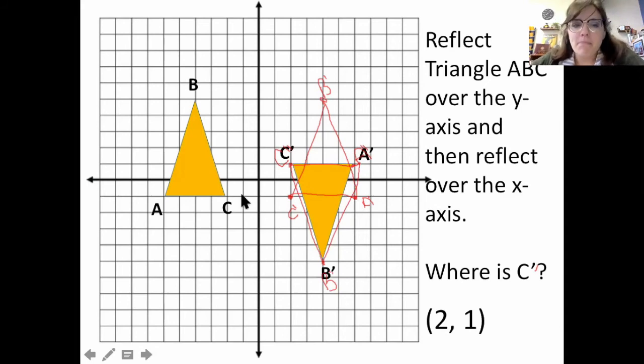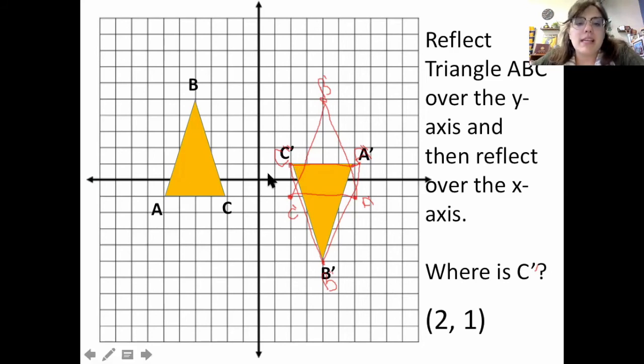Look at this. Is that not the exact same location that the 180-degree rotation was in? So is a rotation just two reflections? Sometimes. I find it really interesting. So C prime, or C double prime as it probably should be referred to, because you should have all of your images correctly written on your graph, just to double check yourself.